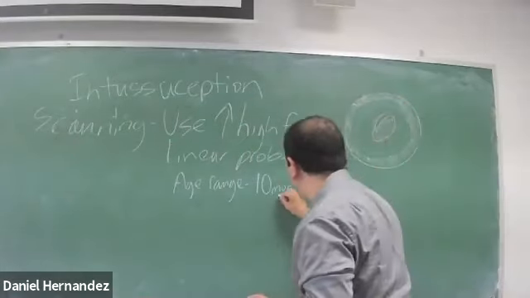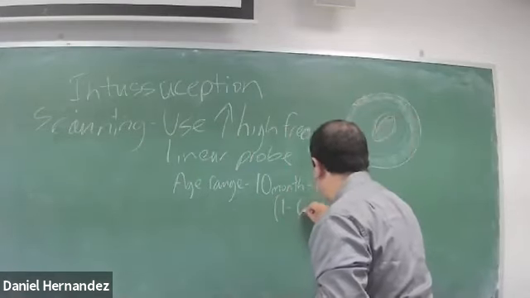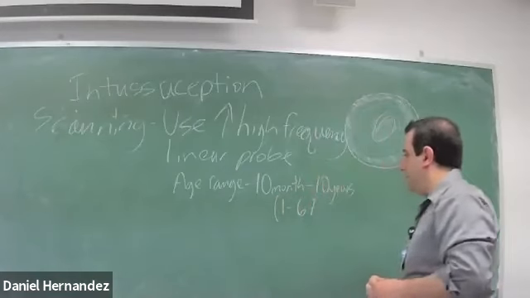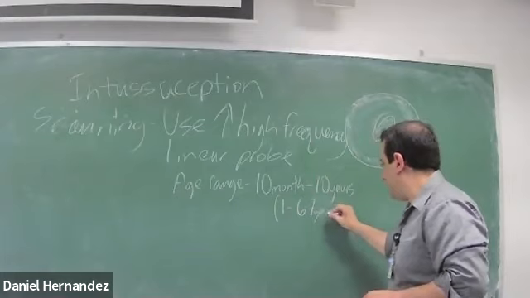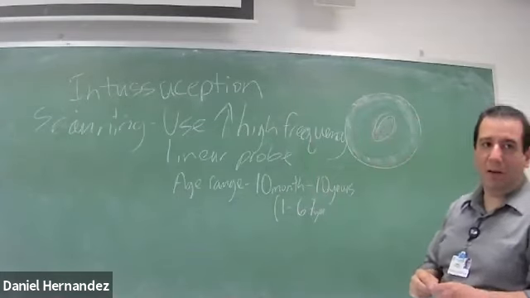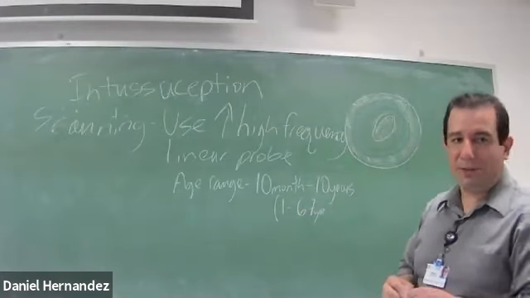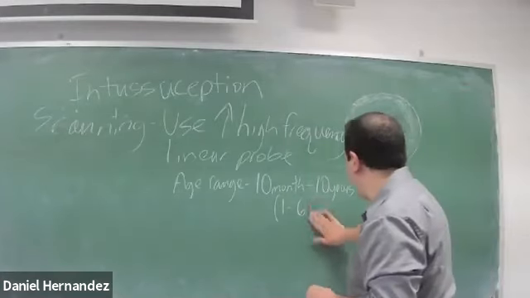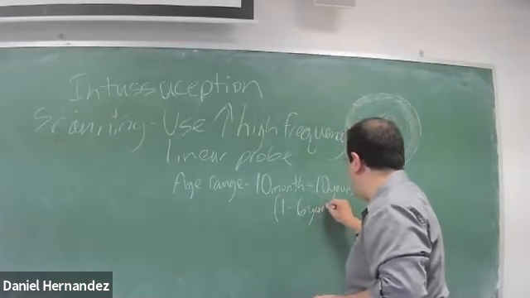Typically, we'll see it in patients that are from 1 to about 6 or 7. But it's typically going to be the young children. So it's going to be your 2, 3, 4-year-olds, 5-year-olds at the max. I wouldn't even go as high as 7. Typical range, I go between 1 and 6.